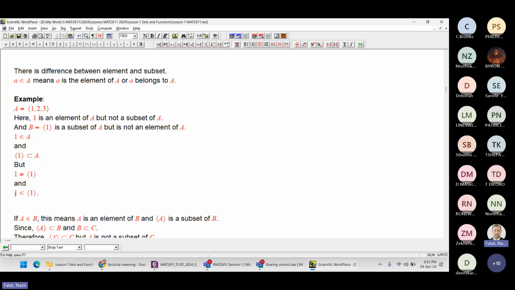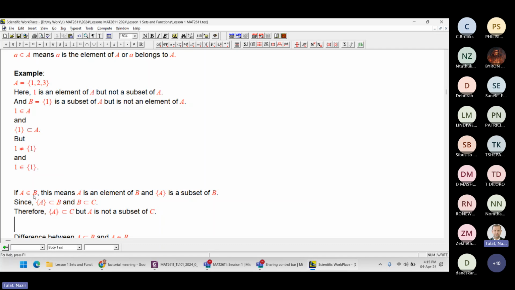There is also another important thing. If we say that A belongs to B, then it means that this set A is an element of B. If we put brackets around it, then it becomes a subset. And if A is a subset of B and B is a subset of C, then the transitive property will also hold, meaning A is also a subset of C. But this A is not a subset of C because A is an element.